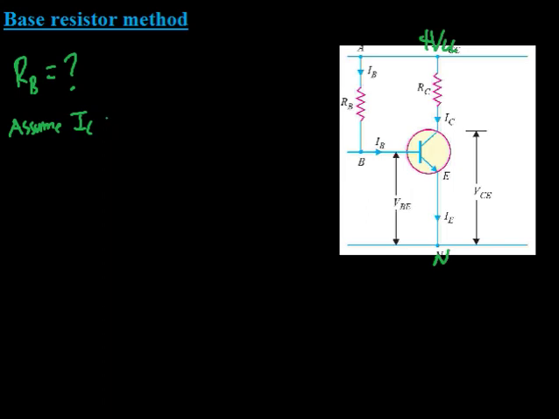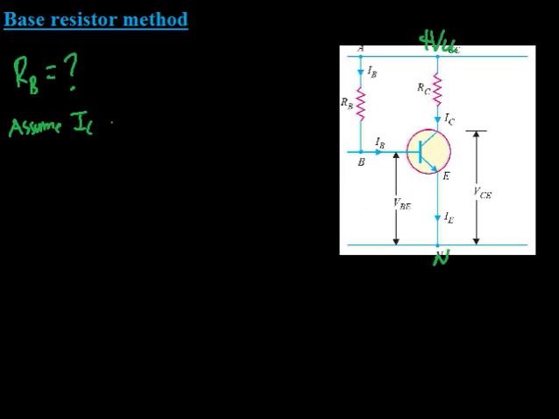That value is obtained by just taking the peak value of the input signal during the negative half cycle, which is called the base current, and this will be multiplied by beta. Beta is the transistor parameter which will be mentioned by the transistor providers.